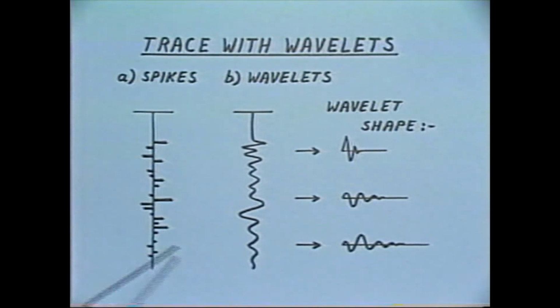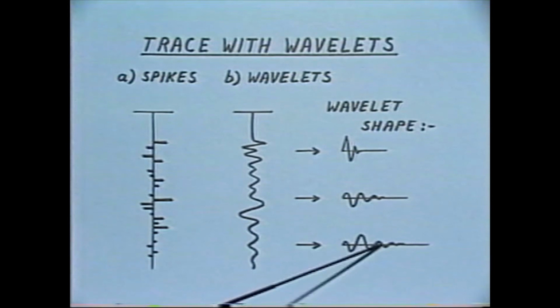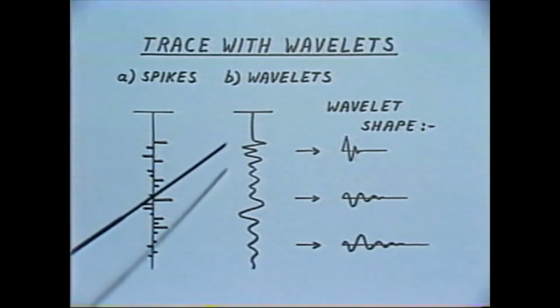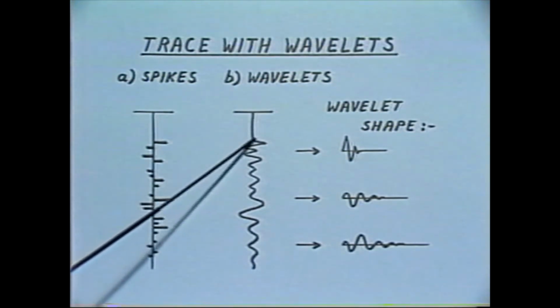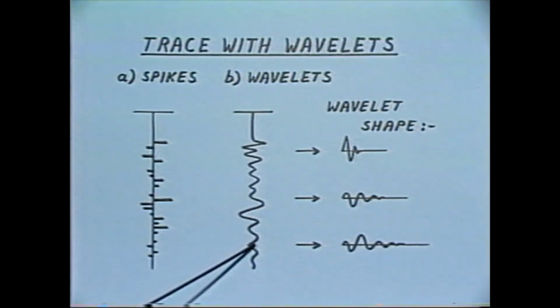The deeper events would be replaced by longer waveforms. So the trace as it's recorded actually ends up looking something like this. And of course it's much more difficult now to determine where we have an individual reflection event on that trace, because the waveforms, or wavelets as they're usually called, tend to overlap.